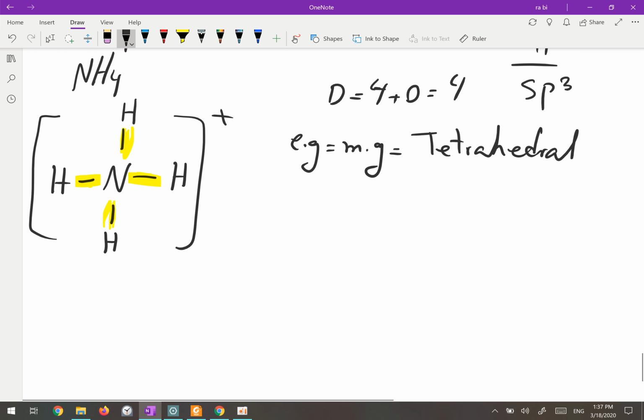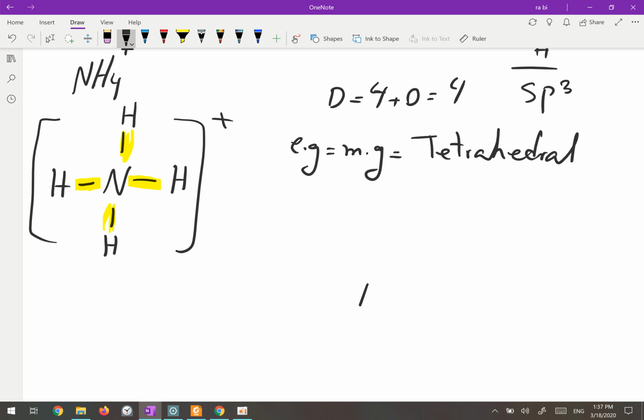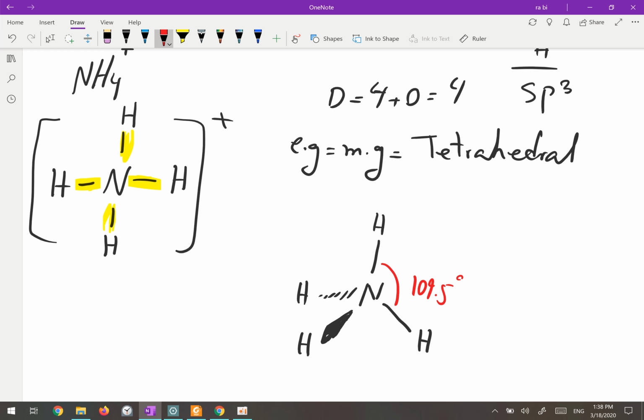So we can draw the ion here. You have nitrogen, one domain here, one domain here, both of them on the screen. One domain is coming out of the screen, and one goes inside, with hydrogen, hydrogen, hydrogen, hydrogen. The bond angle for the tetrahedral arrangement is 109.5. You can also put it in brackets and write the positive charge here.